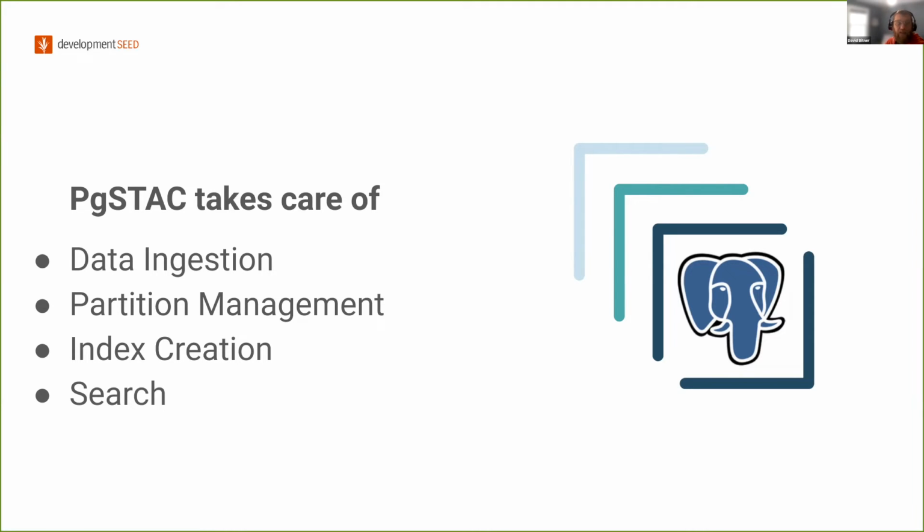PgSTAC also has some helper functions to create the appropriate indexes that you need to be able to search for the data that you need to search for. PgSTAC then exposes a search function to enable searching of that data, and doing that searching in a way that is optimized and close to that data.